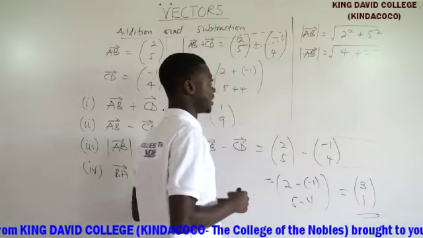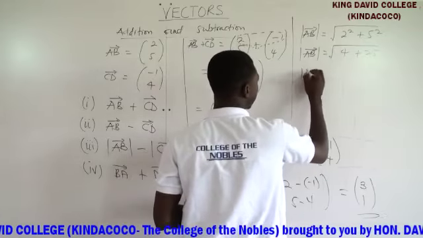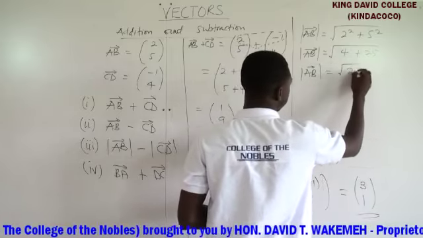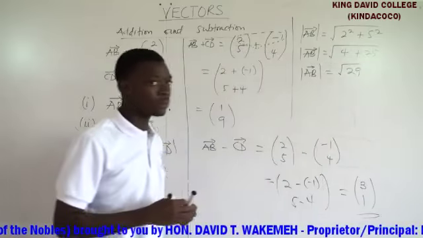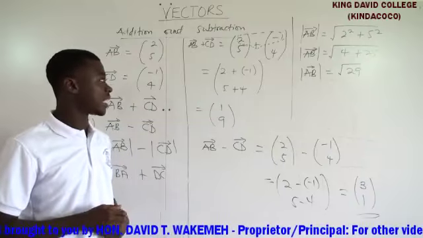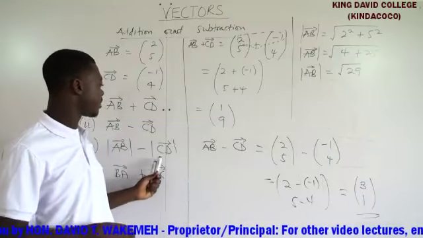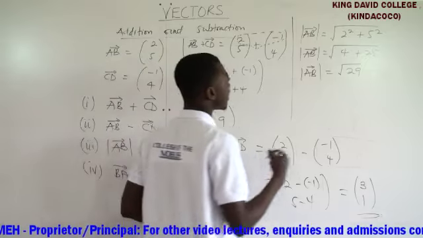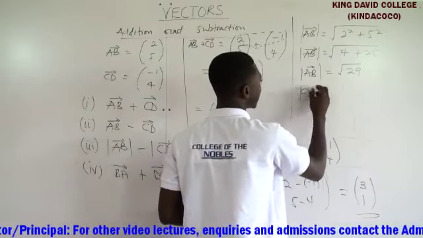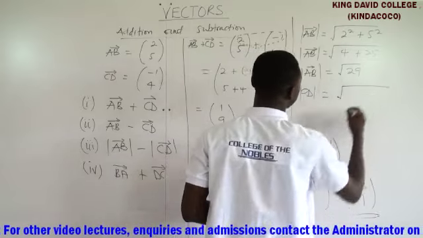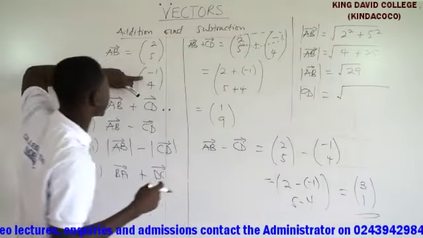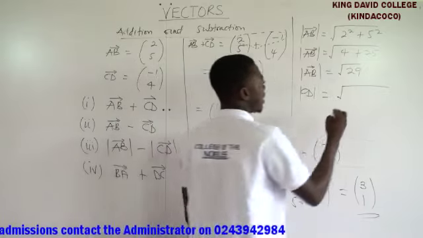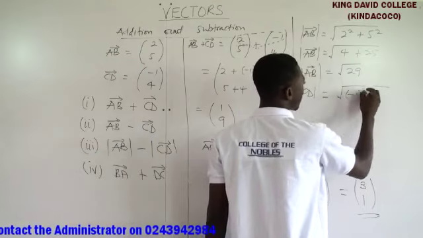Root of 4 plus 25, so the magnitude of AB is root of 29. Then you follow the same format. We are supposed to look for the magnitude of CD. That's also root of minus 1 squared.